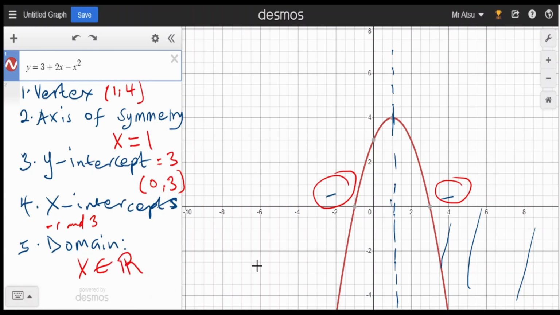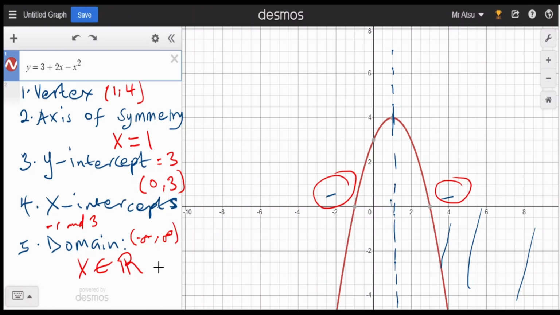Any number along the x-axis will touch the graph. We write it this way, or from negative infinity to infinity. Any of them is acceptable.